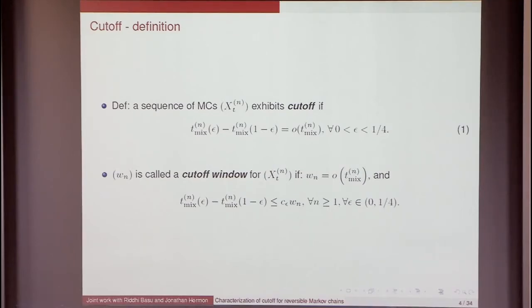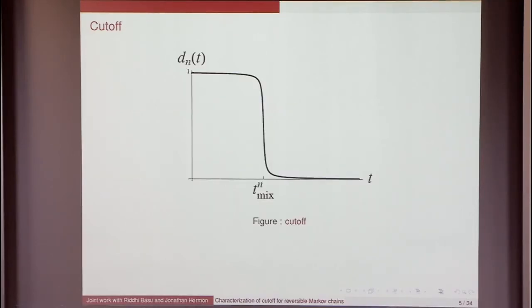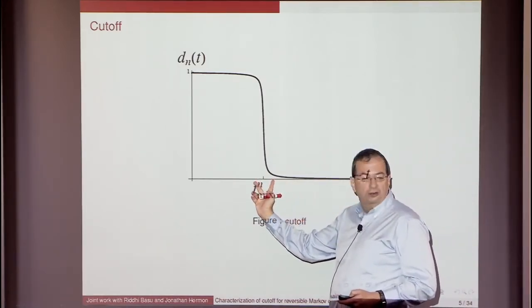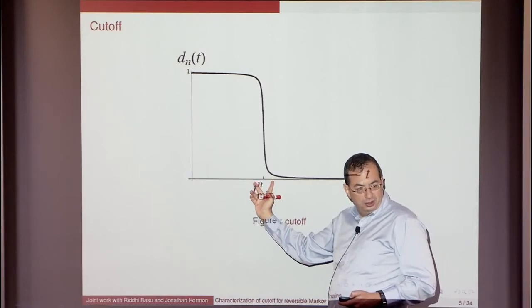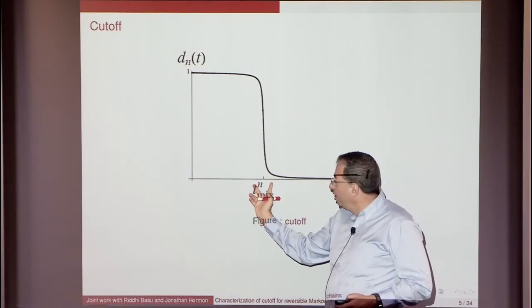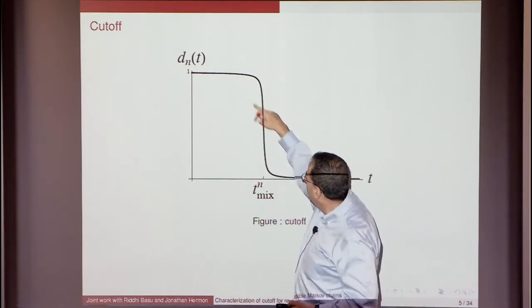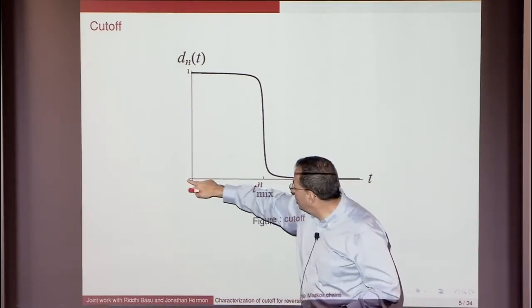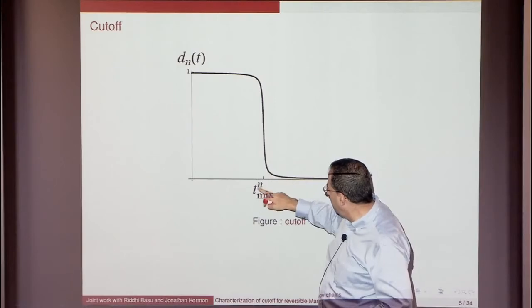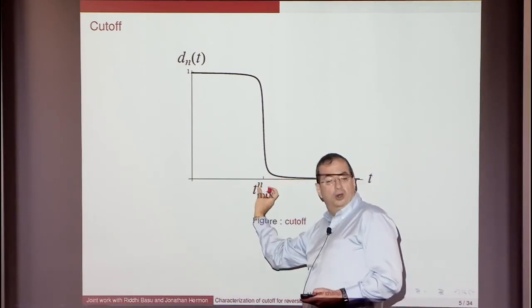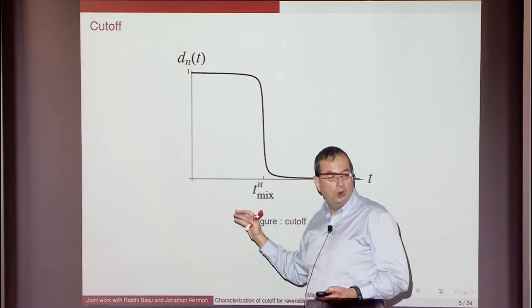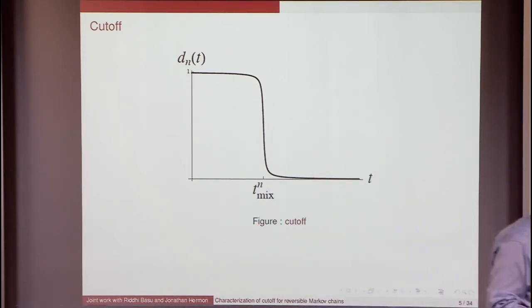In other words, if you look at this graph and put a window here of width C epsilon n for the hypercube, then you'll go from 1 minus epsilon to epsilon within this window. So for the hypercube, T mix is n log n, and the window, which is smaller, order n, suffices to do all the action as far as total variation goes.